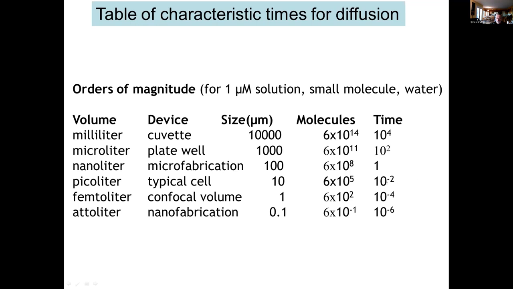But the time it will take to cross a cell, because this is the calculation of the time, is only 10 to the minus 2 seconds. But if you have a confocal volume, which is what we generally use, the size is on the order of 1 micron, you have approximately 100 molecules, which is at this point easy to measure, but it takes 10 to the minus 4 seconds.